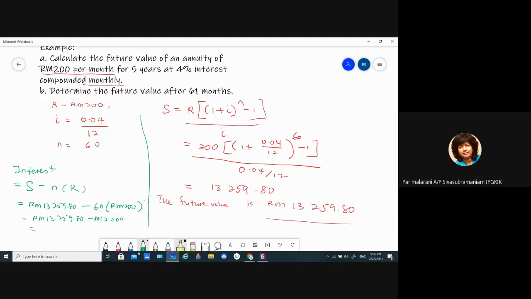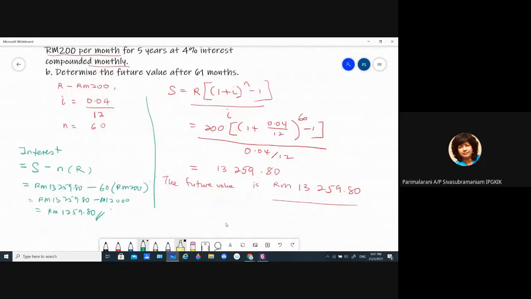So how much is this? 1,259 ringgit and 80 cents. This is the interest that you have earned. Interest is the money at the end minus how much you have put in. You have paid 200 times 60, that is 12,000 ringgit, but you have earned 13,259 ringgit 80 cents. So the difference is the interest.